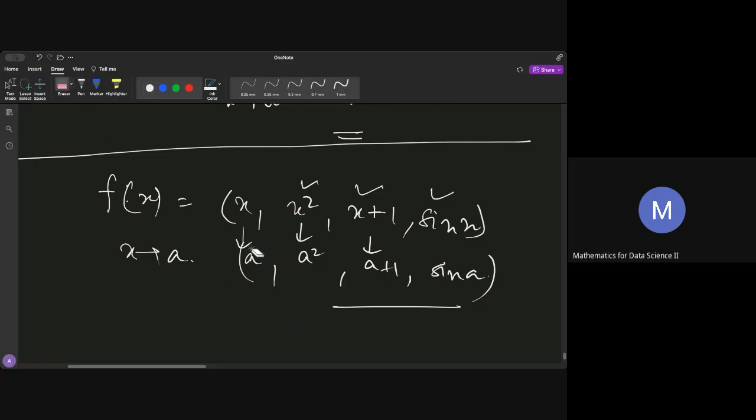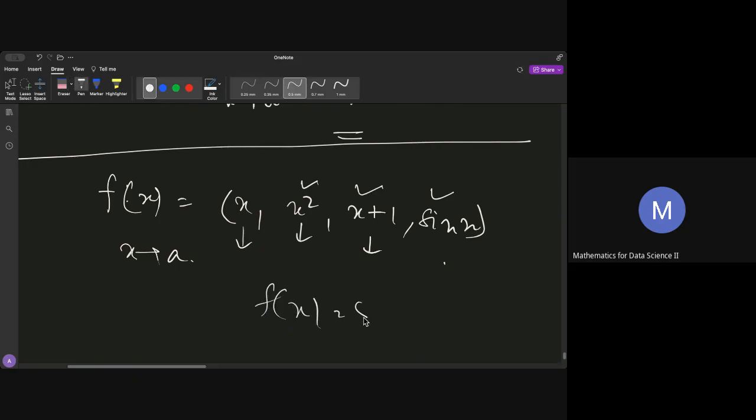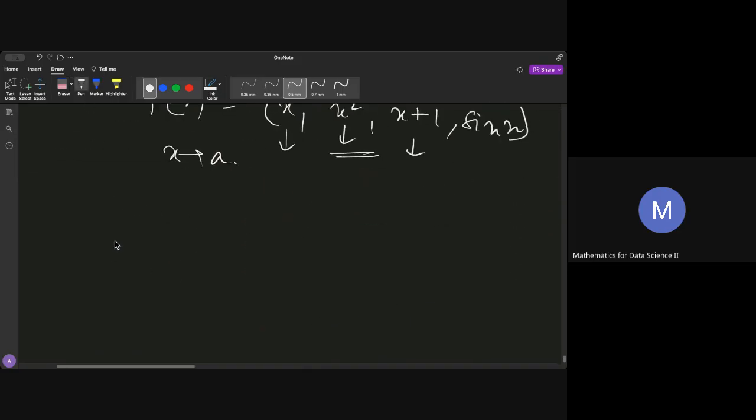That means if you know how to find the limit of a scalar valued function, scalar valued will be this, f(x) equals sin x, then you can deal with a vector valued one, right? It's just a collection of scalar valued functions only. So we'll only deal with scalar valued functions here.